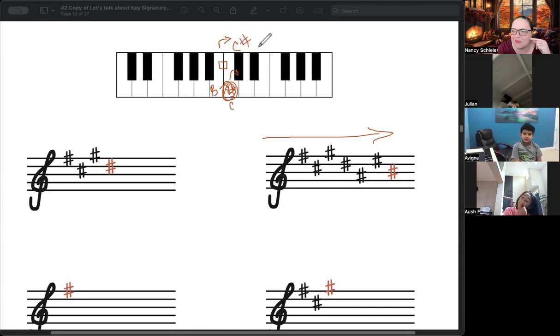Julian, did you have a comment? Now I kind of have a comment. Most sharps you are going to see are going to end with whatever letter and then major.